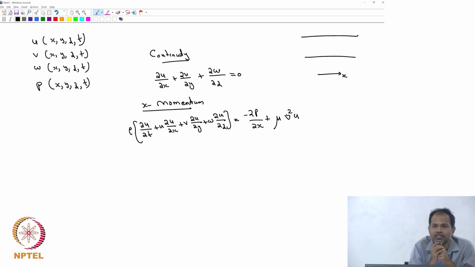When do we say something is a solution to this equation? When that expression satisfies this equation. For example, we had the parabolic profile. If you substitute that profile into this equation with the right boundary conditions, you will find that it satisfies. Now, what is the kind of solution that we are looking for in a turbulent flow? We are looking for an expression which is fluctuating.